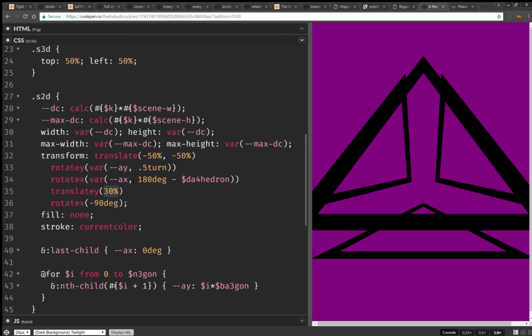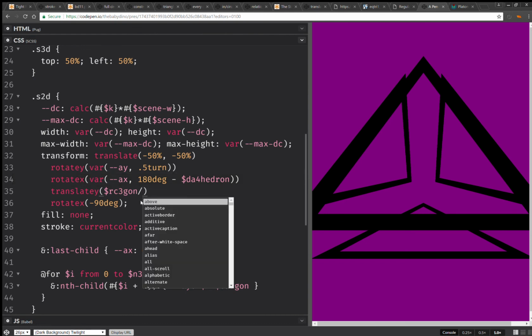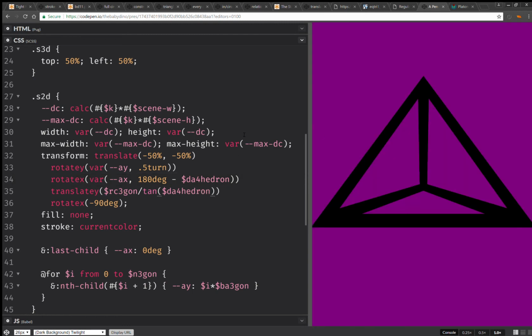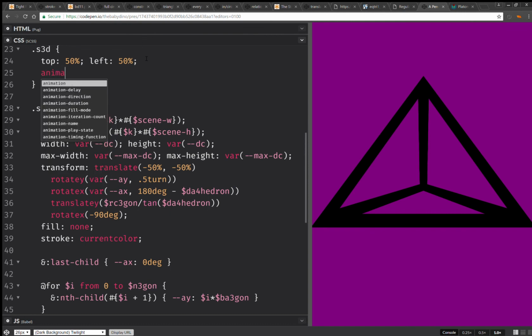So this inradius that we want is going to be the circumradius of the face over the tangent of the dihedral angle. So we got our result, and now we can rotate it, animate it.